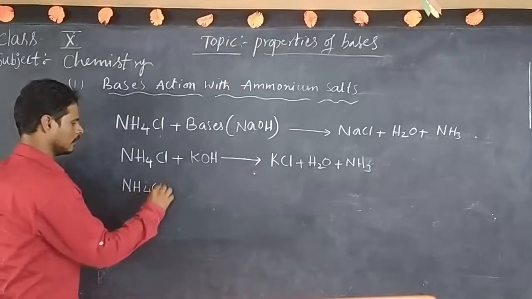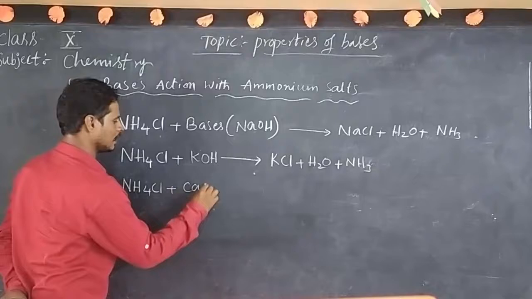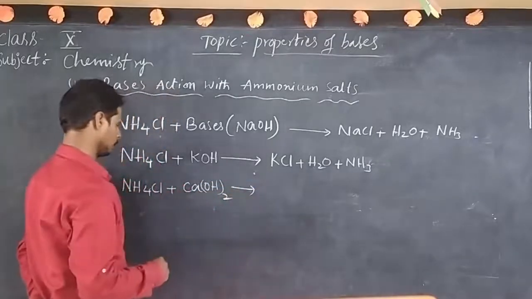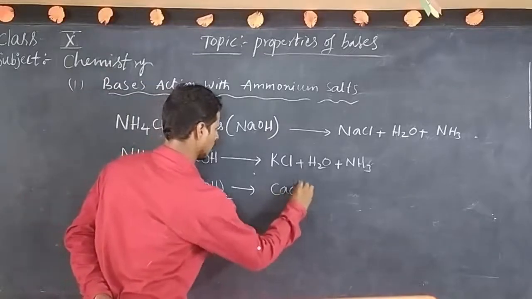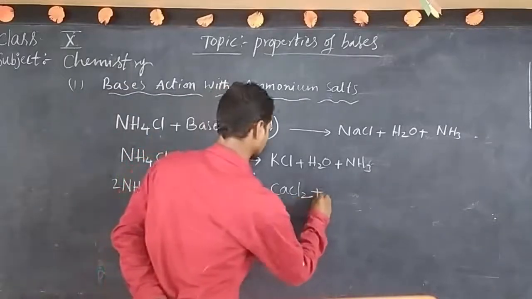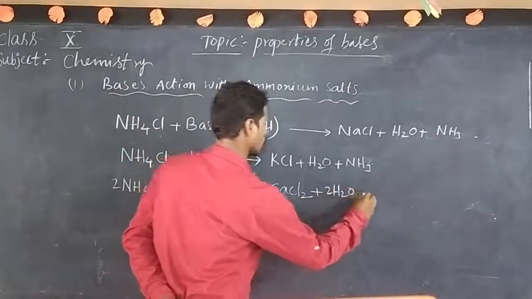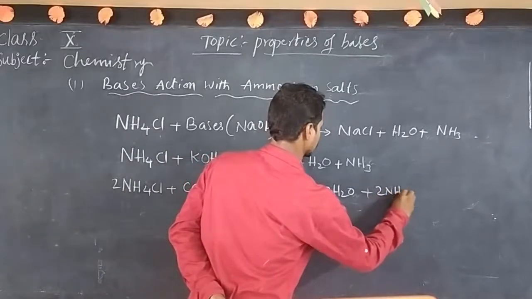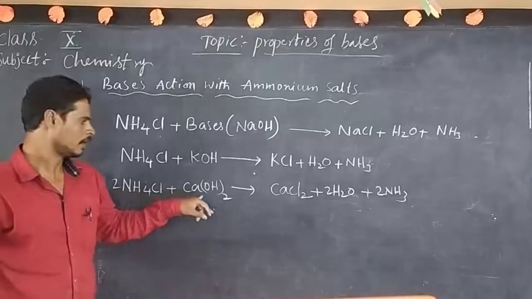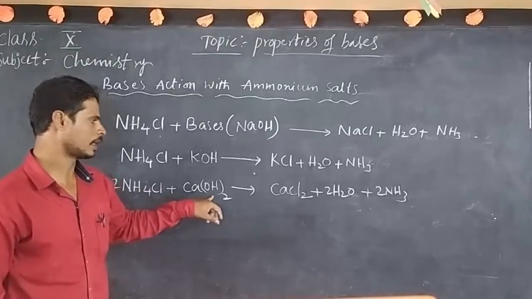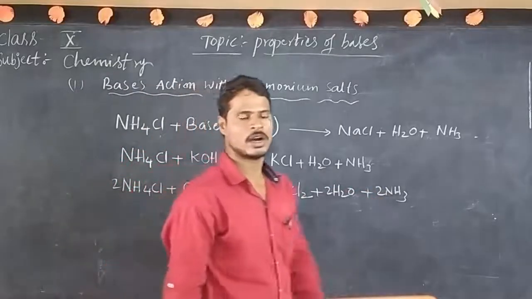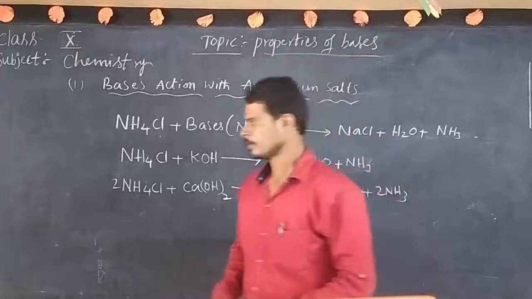Ammonium chloride reacts with calcium hydroxide to form calcium chloride plus H2O plus NH3. Here also we get the same results. Whenever ammonium chloride reacts with calcium hydroxide, we get salt, water and finally an ammonia molecule.